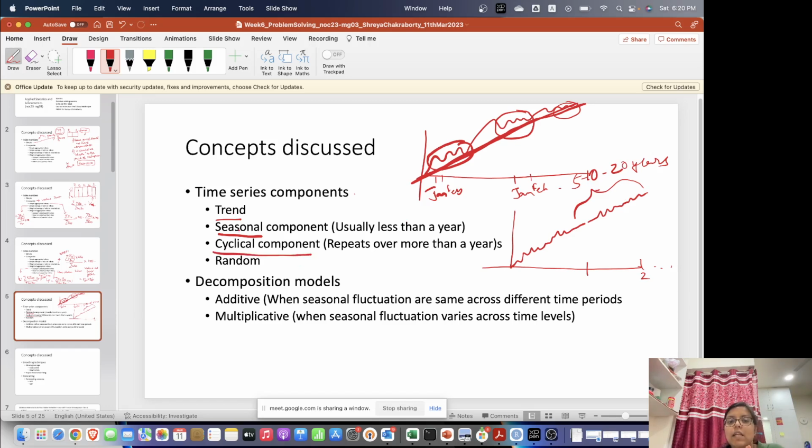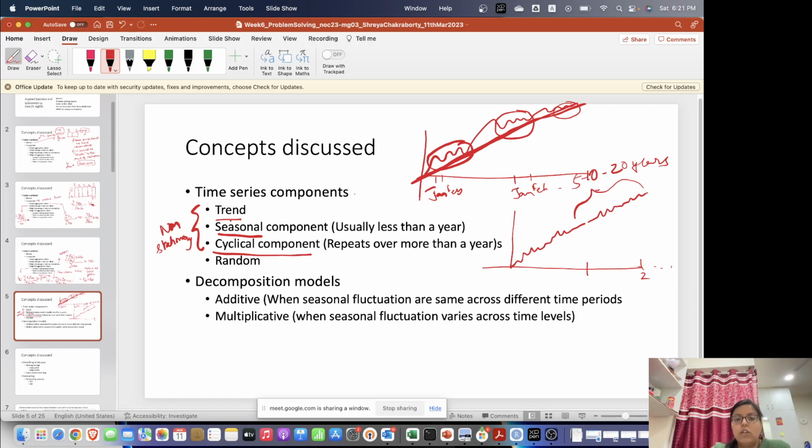And these three form the non-stationary part of a time series. Apart from these non-stationary components, there could be a totally random component. If we assume that this is totally random, it could be white noise or purely a random variable generated from a normal distribution.